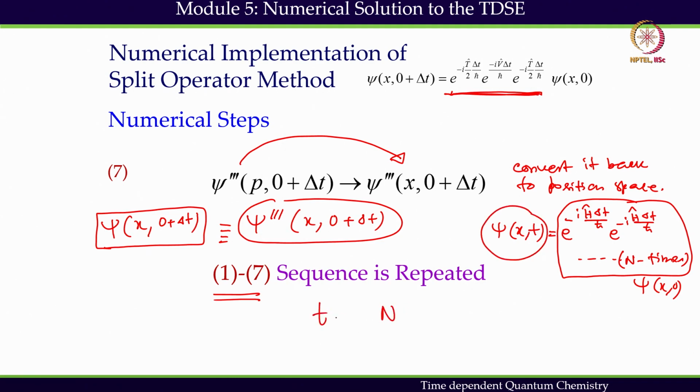Because t, that's the value where I would like to reach, is going to be n delta t plus t initial, and t initial we have taken to be 0. So it is nothing but delta t multiplied by n.